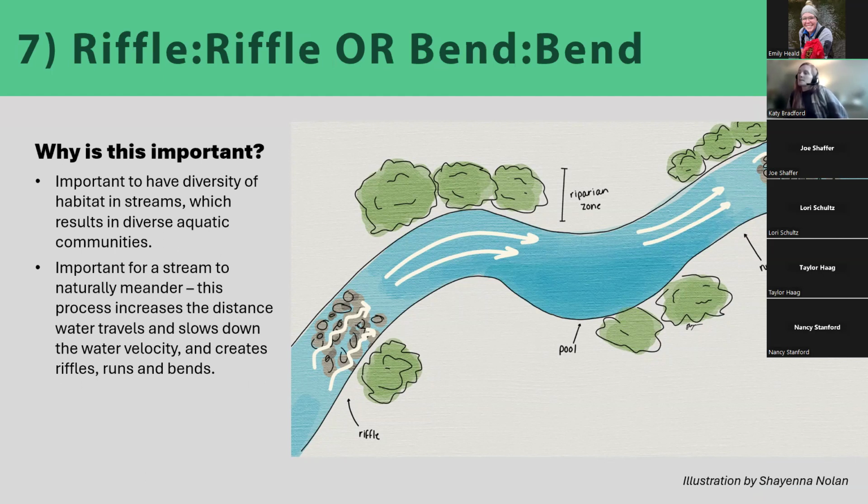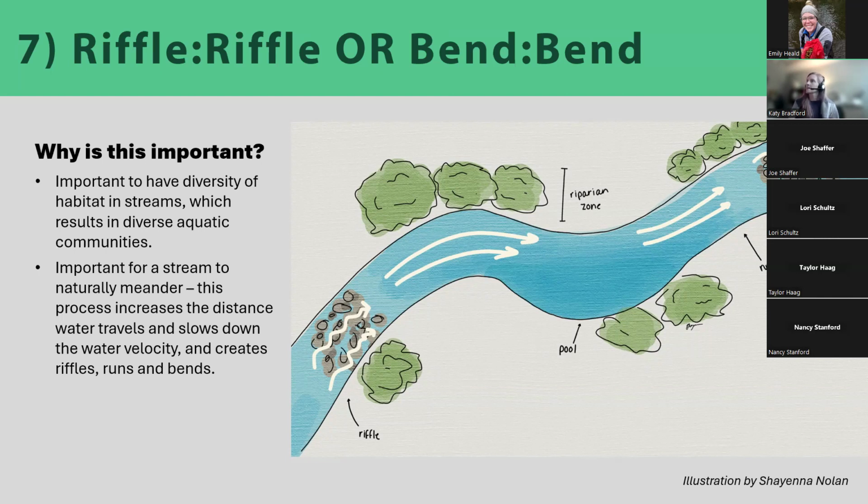So it's important to create those habitats. A stream needs to be allowed to naturally meander. Because this process is increasing the distance that water has to flow, it also tends to slow down the water velocity a little bit, which can help prevent erosion and other issues.